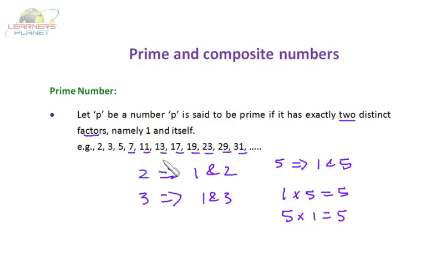So all of these numbers are having exactly two factors. Say 23 is having exactly two factors, 1 and 23 itself. Let's do an activity and try to find out the number of prime numbers from 1 to 100. Before that, let's discuss the composite number.